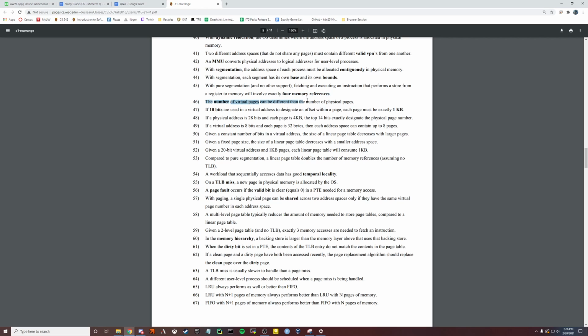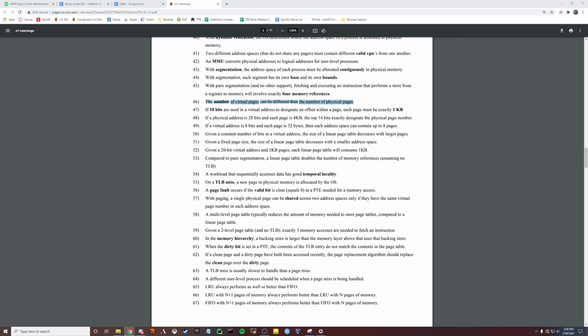46. The number of virtual pages can be different than the number of physical pages. I feel like that's probably true. I think it's true, but does anyone have any evidence of that? Are there physical pages? I thought it was just the physical address space, and the content of a page only existed in the virtual space.